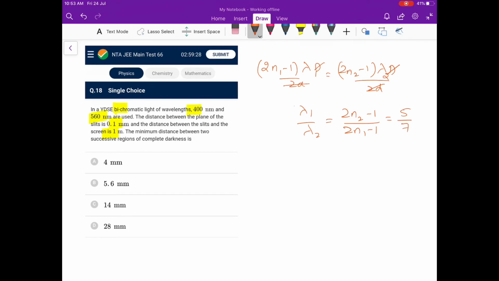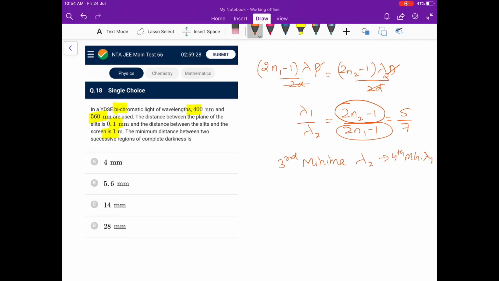So we can directly say this is 2n2 minus 1 as 5, that is n2 is equal to 3. So the third minima of lambda 2 coincides with the fourth minima of lambda 1.